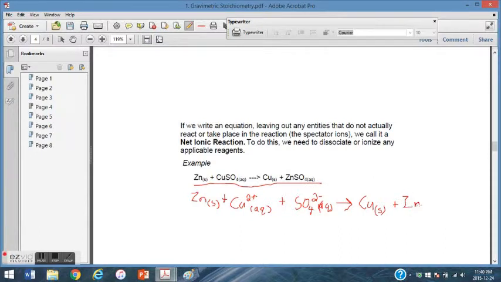Okay, that's going to be Zn2+, aqueous, and SO4 2-. Let's make those actually look like numbers.